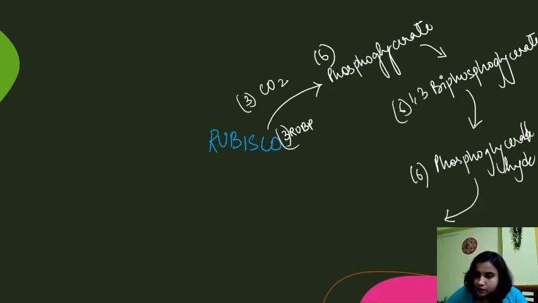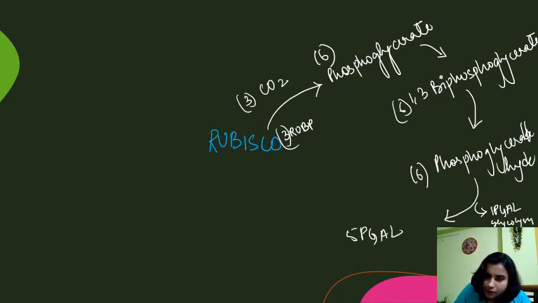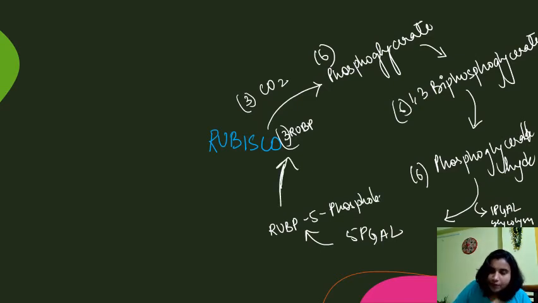Now out of 6, it will bifurcate into two kinds. One PGAL will go to glycolysis. The other 5 PGAL will form RuBP 5 phosphates, which will form RuBP again.